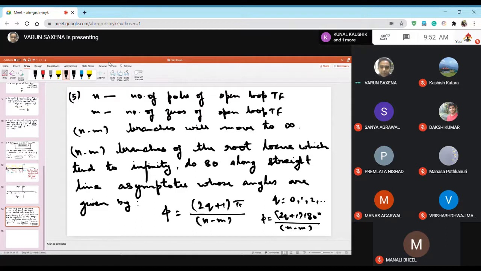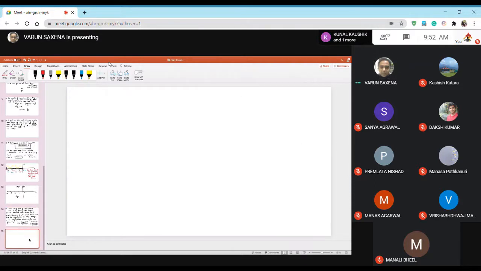Then comes rule number 6. So sometimes the root locus is going to begin on the real axis, and then it will break from the real axis and move towards the complex plane, which is somewhere in the middle.